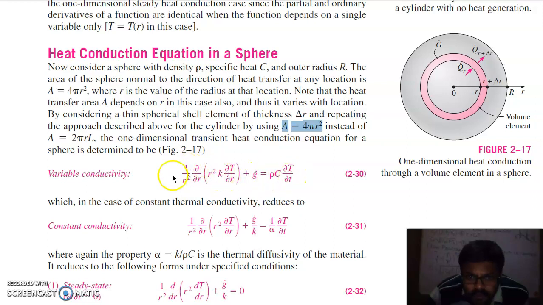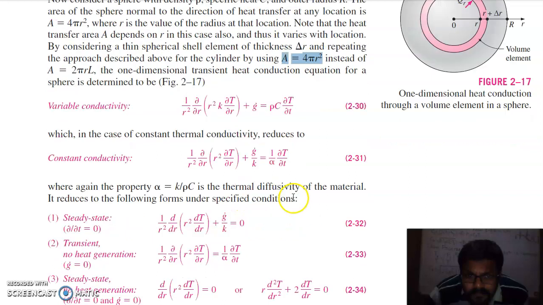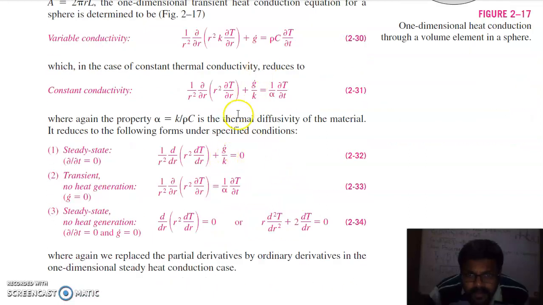If you take K outside of this equation, you will get the constant thermal conductivity heat conduction equation in the case of a sphere. So compiling, for steady state, this term becomes equal to 0. For no heat generation, this term equal to 0. And for steady state with no heat generation, these two terms will become equal to 0 and you will get this equation here.